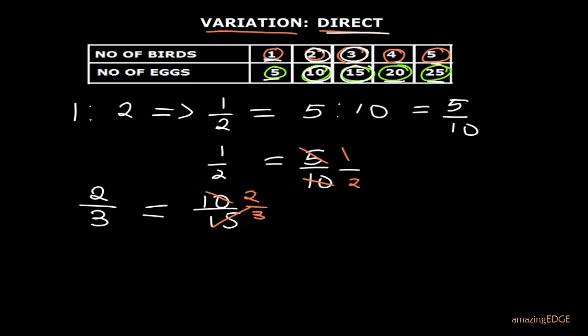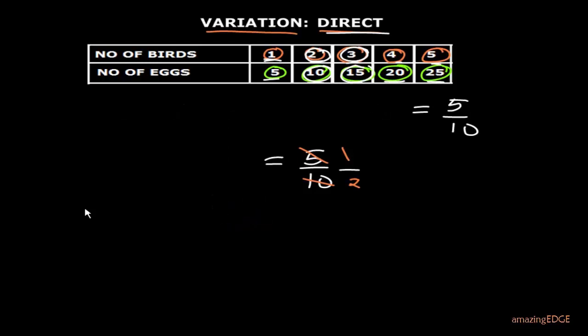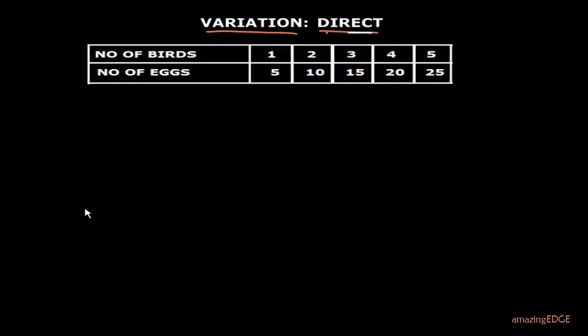Now, how do we represent variation, in particular direct variation? We want to see how to represent direct variation mathematically. When you talk about variation, we use this sign to represent it. If I'm talking about birds, let me represent it with capital B. So the number of birds varies directly with the number of eggs, and I use E to represent the number of eggs.